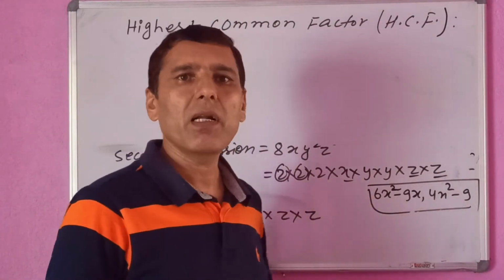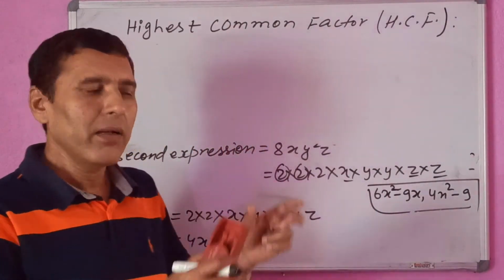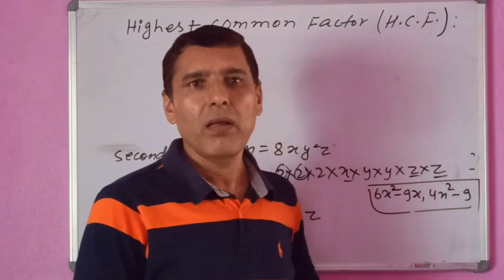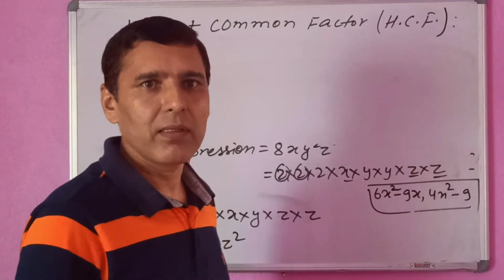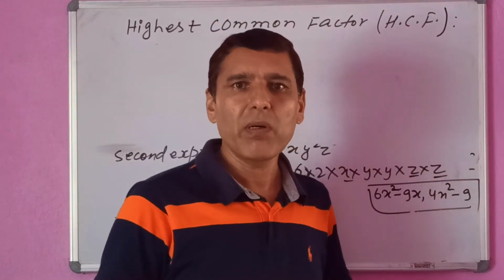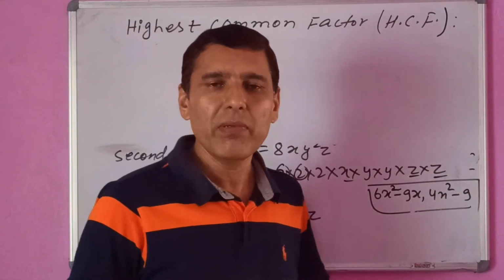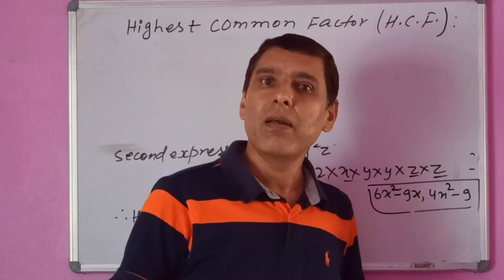Then after completion of the factorization, we see what the common factors are. Then we take all the common factors. If there is more than one common factor, we find the product of the common factors. That will be the HCF of the given expressions.